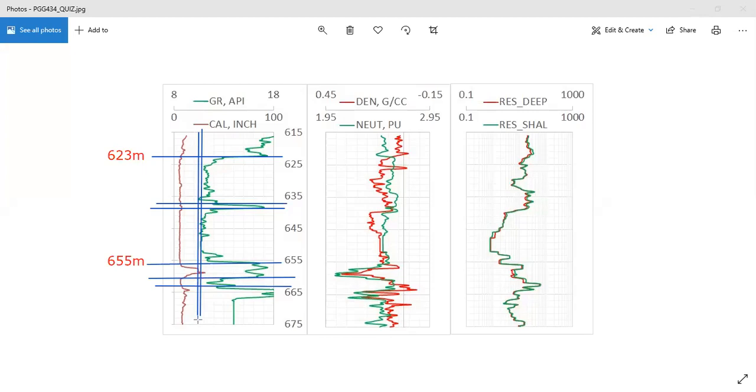The trickier one was the shale. So for the shale, let me clean some of these things. You will use the modal value. Let me draw the line.